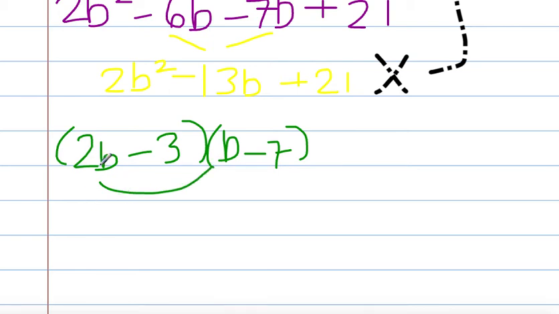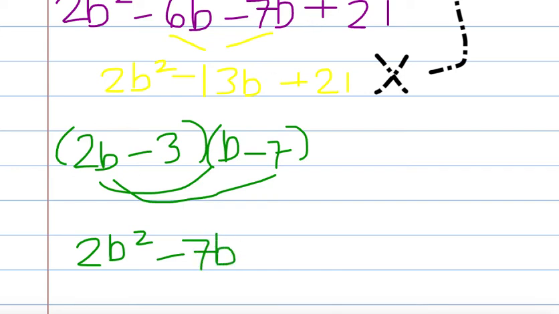So we have 2b times b, which will give us our 2b squared. And then we have 2b times 7... Nope. Hang on. I made a mistake. We have our 2b times our negative 7, which will give us a negative 14b. My apologies.